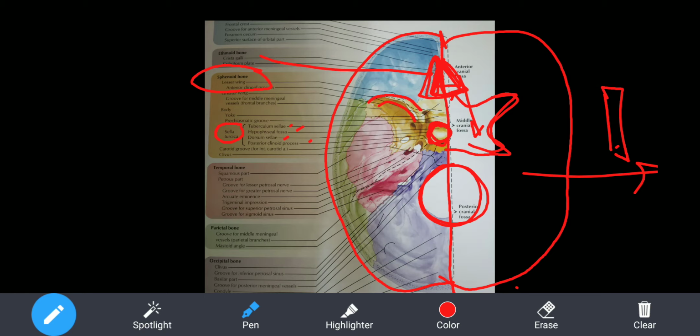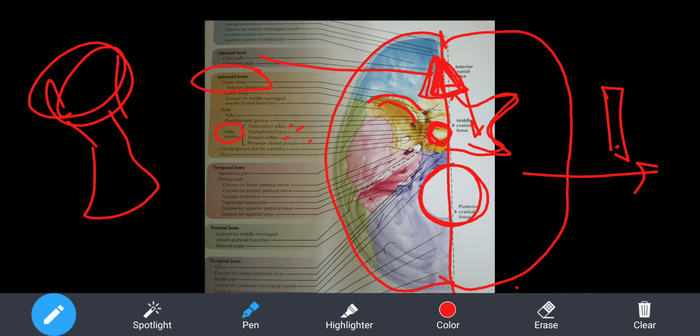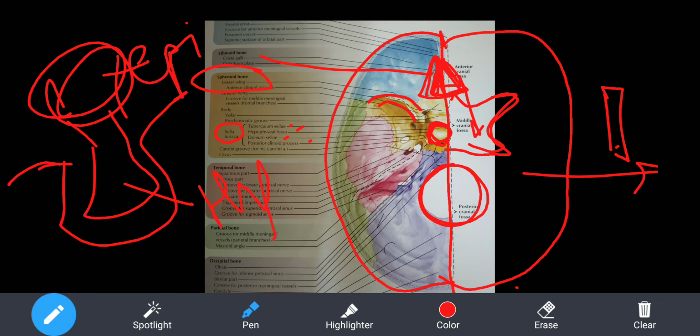Hypophysis cerebri is the pituitary. Epiphysis cerebri is the pineal gland. Hypothalamus lies above the pituitary gland. Epi is above, epiphysis cerebri, and this is hypophysis cerebri, which lies in the Sella Turcica cavity, that is the hypophyseal fossa.